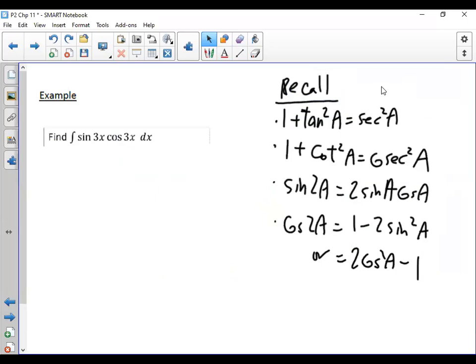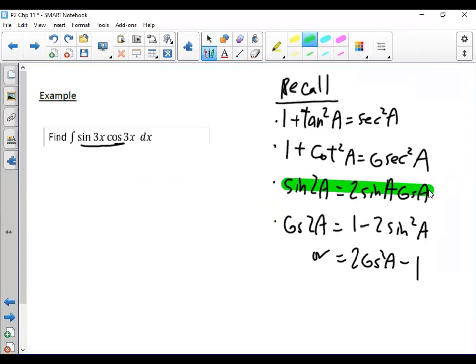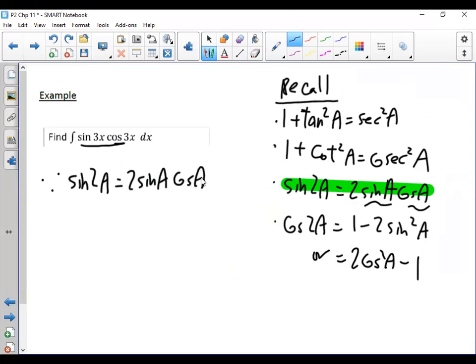The answer that will be useful is sine 2A, because sine 2A equals 2 sine A cos A. What I'm doing here is I see this sine A cos A, very similar to the question.